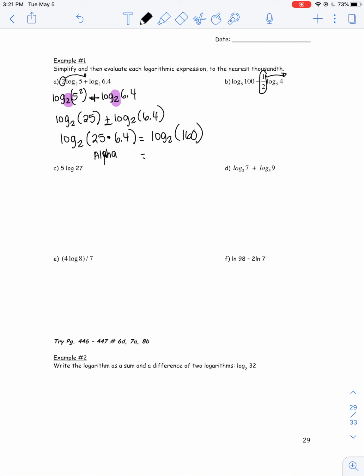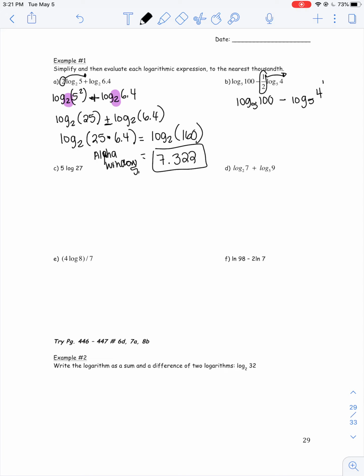This is my simplified answer, and then I put that into my calculator by pressing alpha window 5. You write the base of 2 and then 160, and to 3 decimal places you should get 7.322.